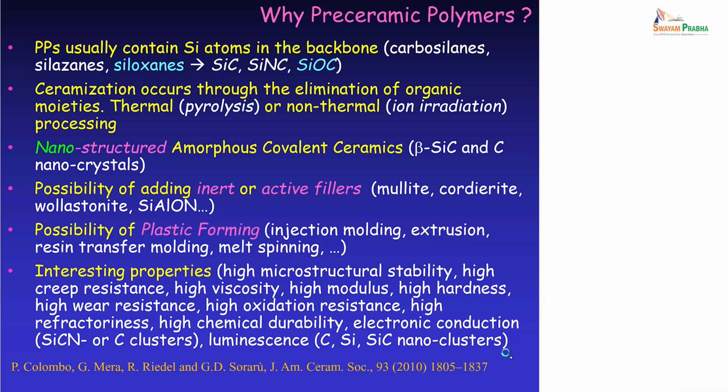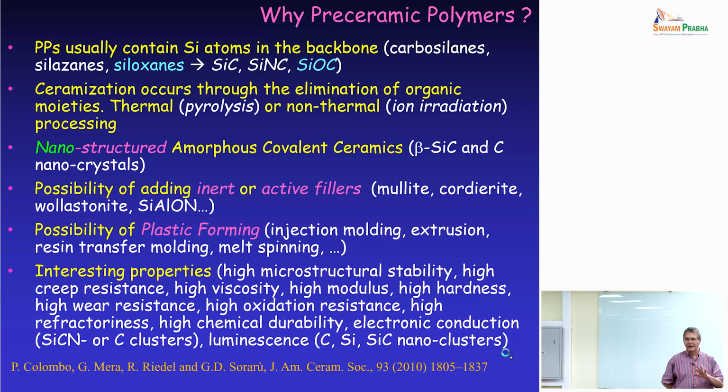And another thing that makes sense to comment on is high viscosity, and I will tell you about the microstructure of polymer-derived ceramics. I mentioned that they are amorphous. There's a discussion if they are actually glasses. There's a distinction between an amorphous material and a glass material.